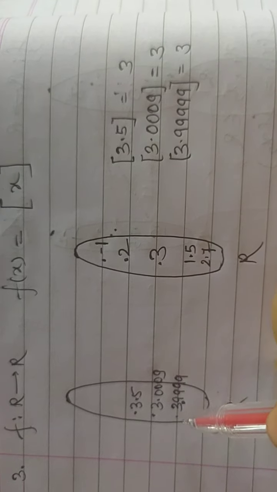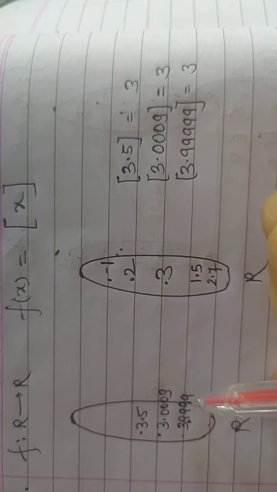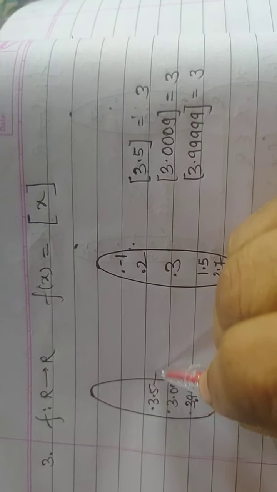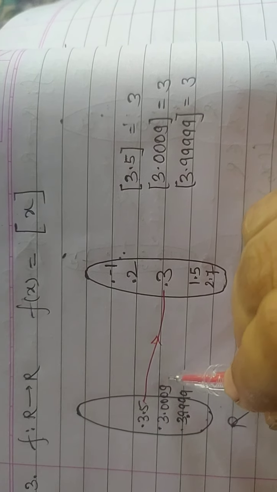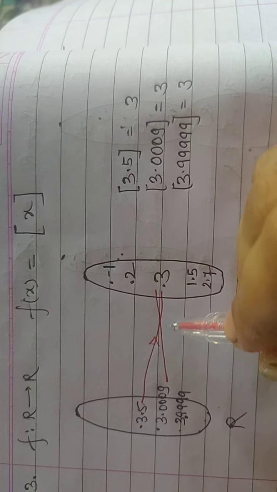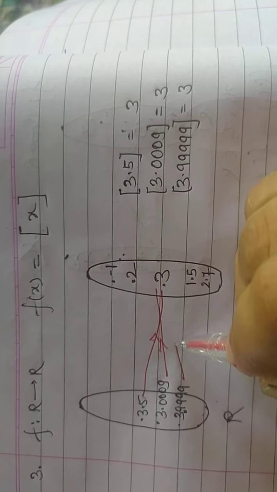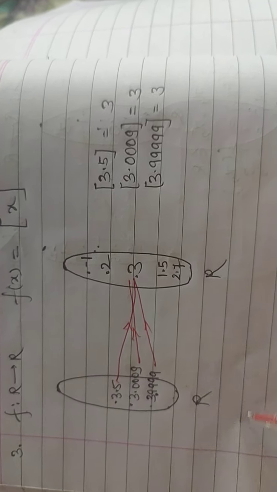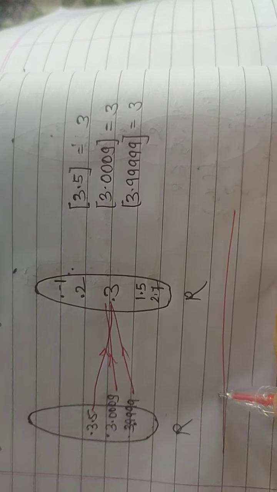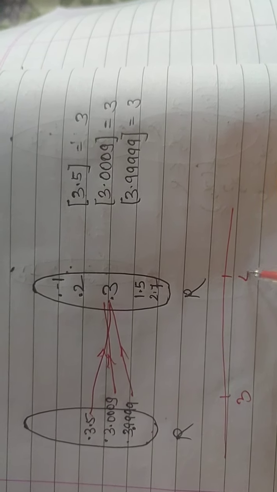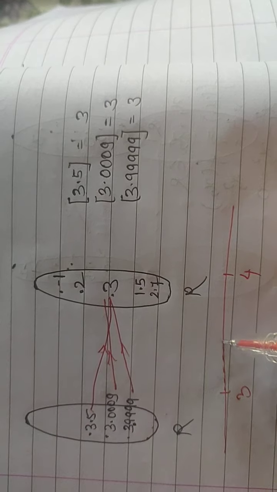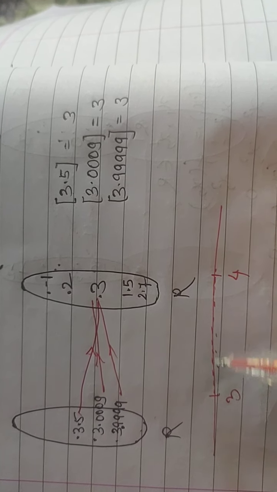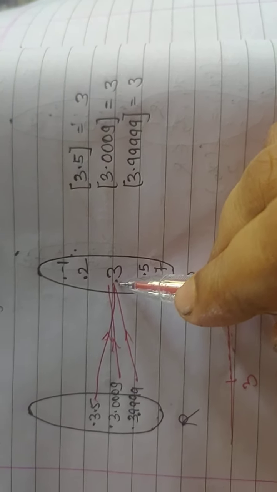So when we consider these numbers from the domain, 3.5 will be related to 3, 3.009 will be related to 3, and 3.999 also. Whatever numbers lie between 3 and 4, there are infinitely many, they all will be related to 3 only.